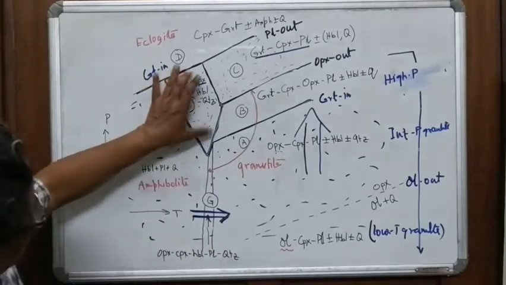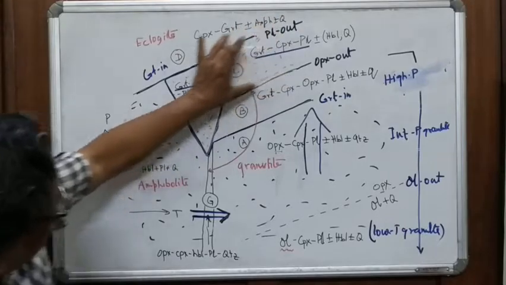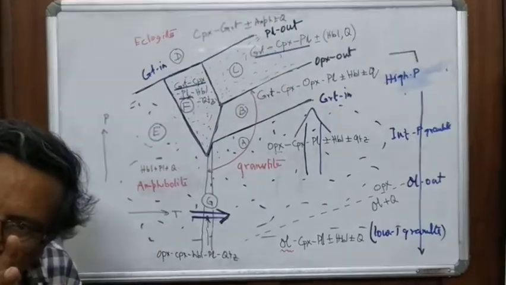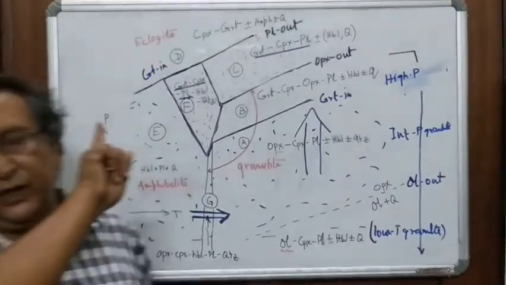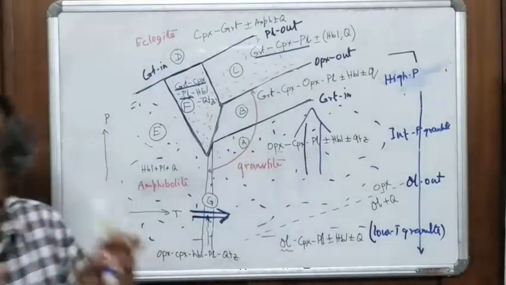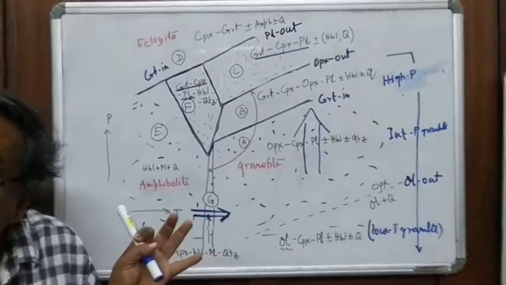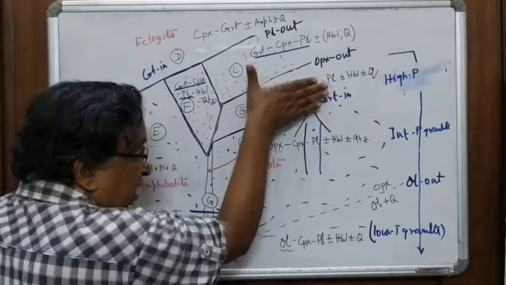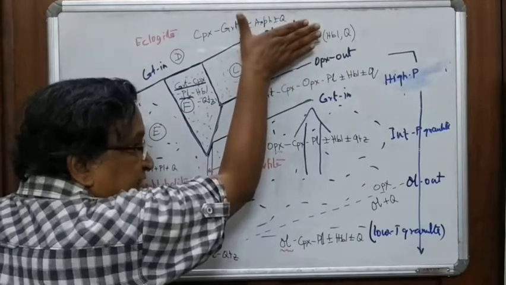But you have in this red stippled zone garnet clinopyroxene assemblages, but you never have orthopyroxene. That would make it granulite facies. So this is not a granulite facies assemblage. So this is intermediate pressure granulites, high pressure granulites, eclogites.